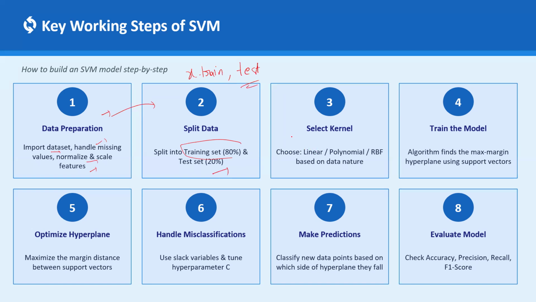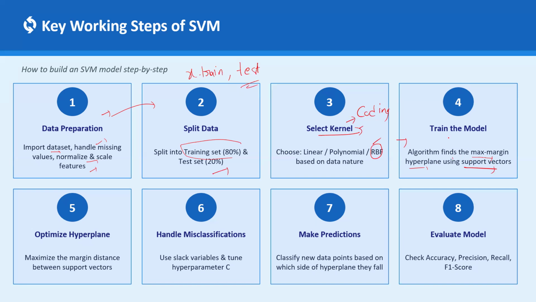Then we select which kernel we are going to use. Generally we use the RBF, right? So we select the kernel inside the coding part, which gives the kernel parameter, and then you can train the algorithm. The algorithm will find the max margin and the hyperplane by using the support vectors.